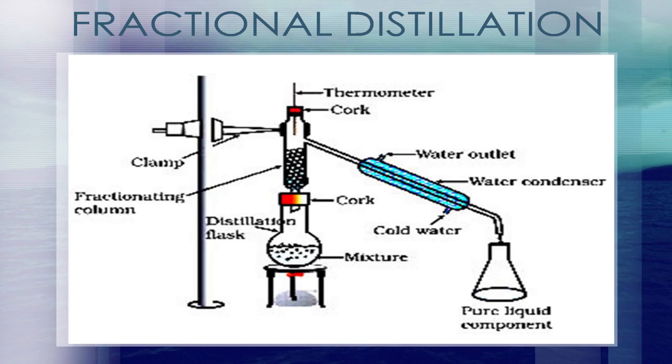Each vaporization-condensation cycle, called a theoretical plate, will yield a purer solution of the more volatile component. In reality, each cycle at a given temperature does not occur at exactly the same position in the fractionating column. Theoretical plate is thus a concept rather than an accurate description. More theoretical plates lead to better separation.